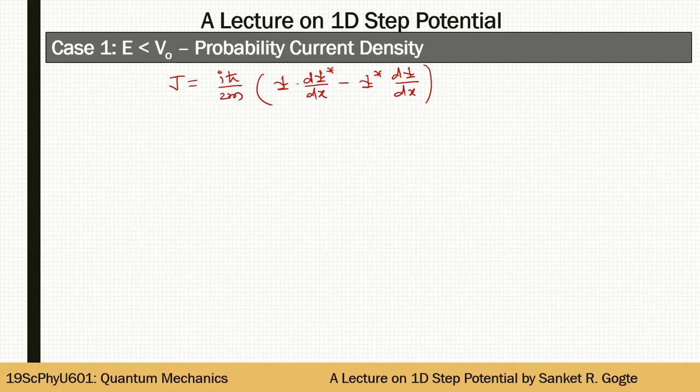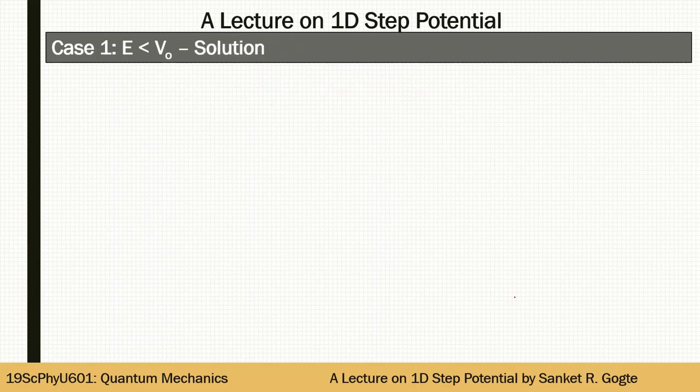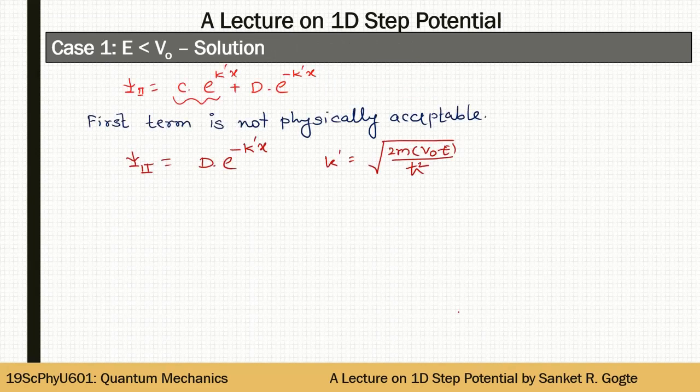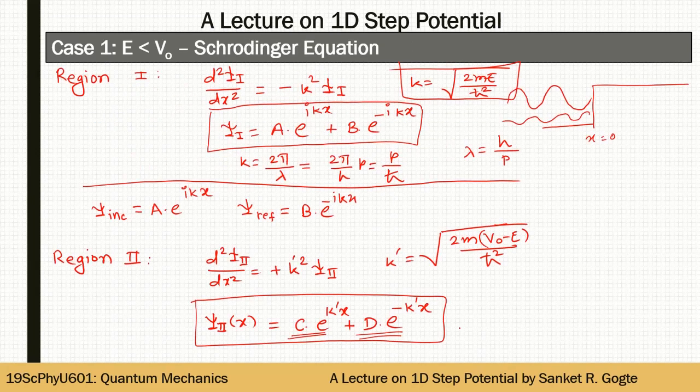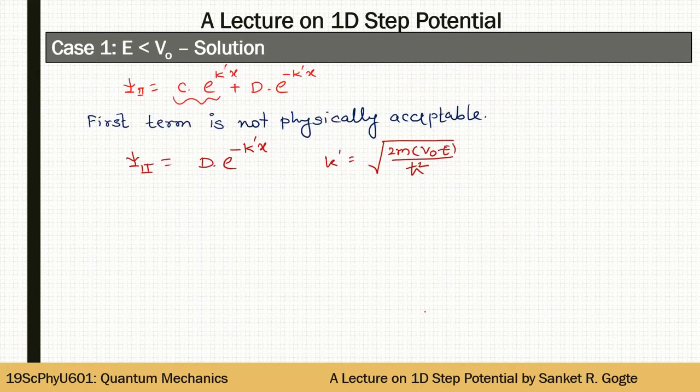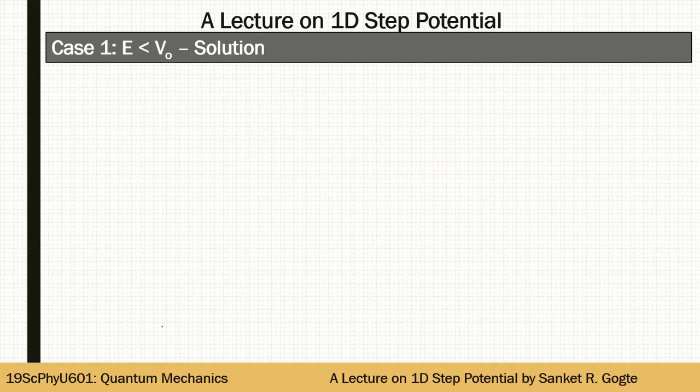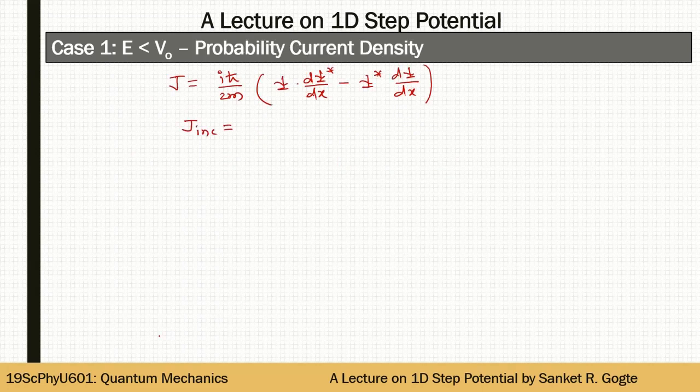Now we want to consider this for the solutions that we have obtained. Let's first find J incident for the incident particle. If you go back, psi incident is A into e to the power i kx.